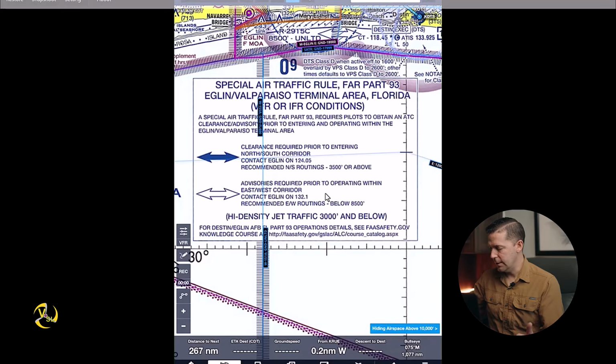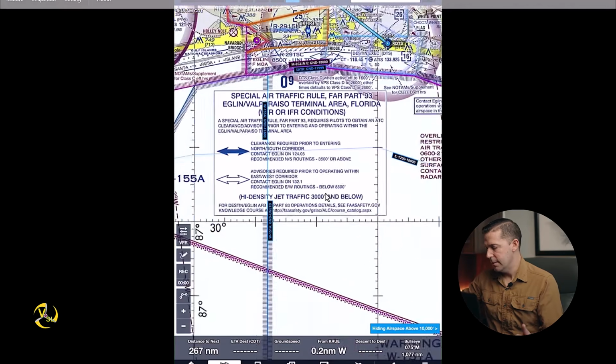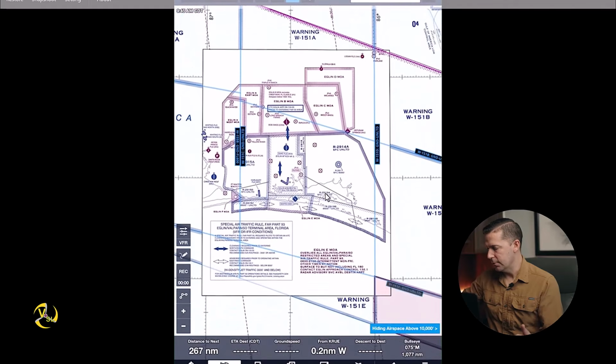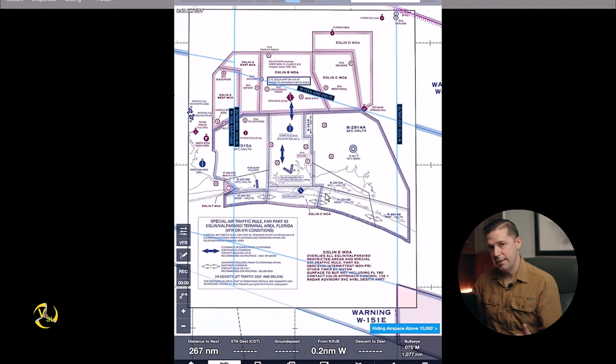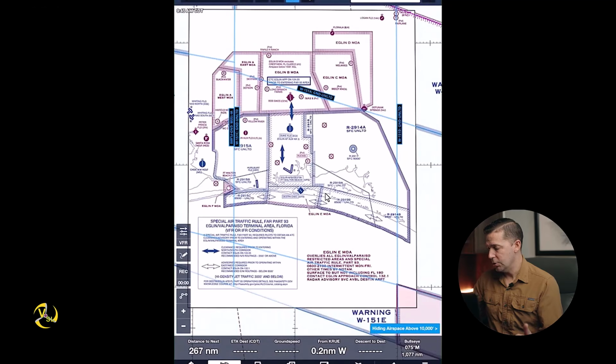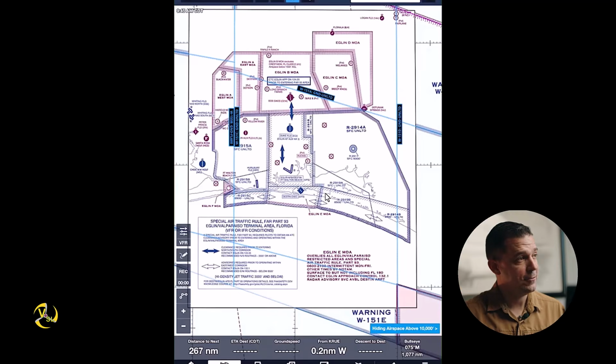This is basically a key showing us how to enter this special flight rules area. And if we go further down into the Gulf, we can see we actually have this little map here that's showing us how we should enter from the north or how we should enter from the east or west. Now, it doesn't give us any instructions for entering from the south, because if you're entering from the south, you're going to be over the Gulf anyway. It's not a factor.